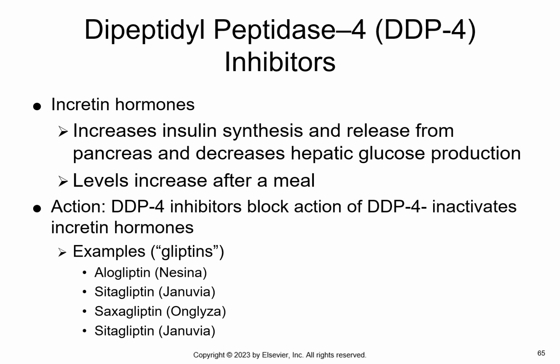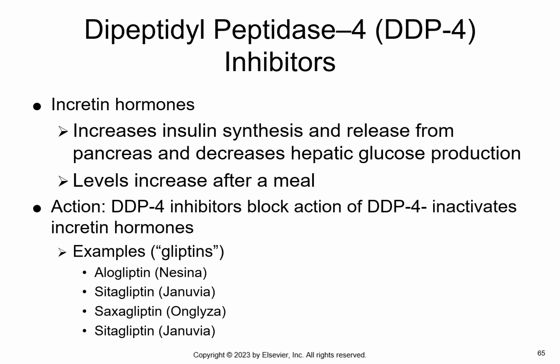DPP-4 inhibitors, also called gliptins, come in pill form. They include alogliptin or Nesina, linagliptin or Tradjenta, saxagliptin or Onglyza, and sitagliptin or Januvia.